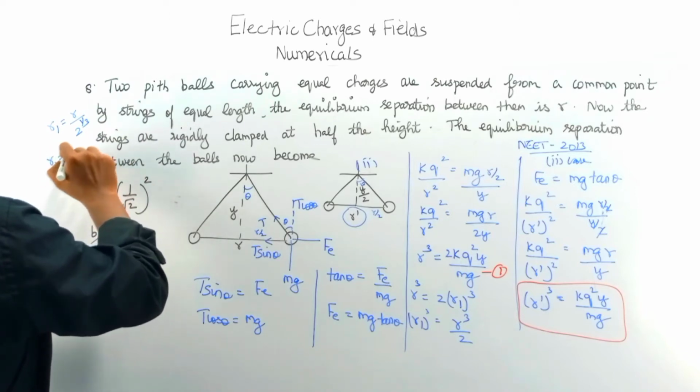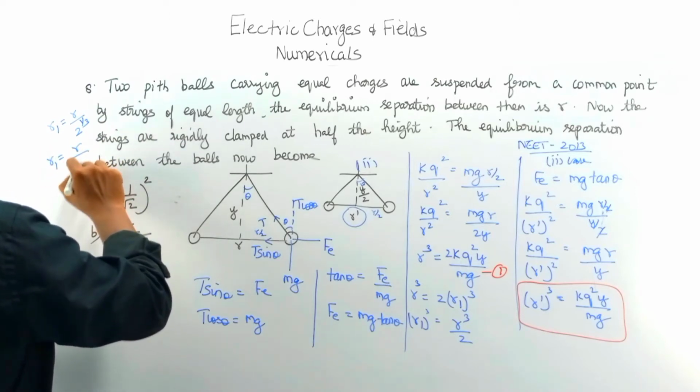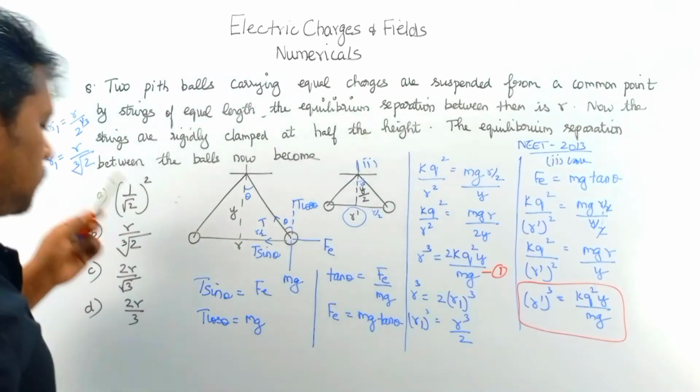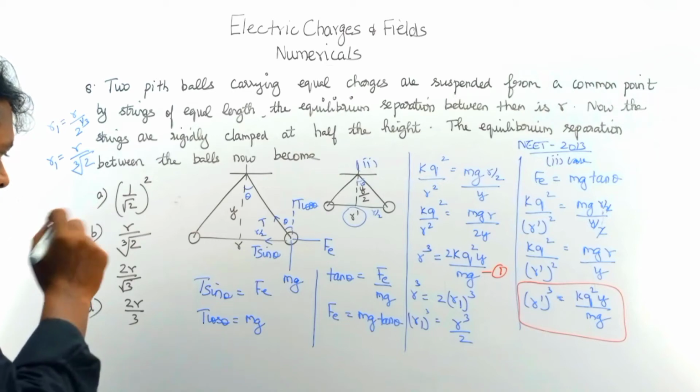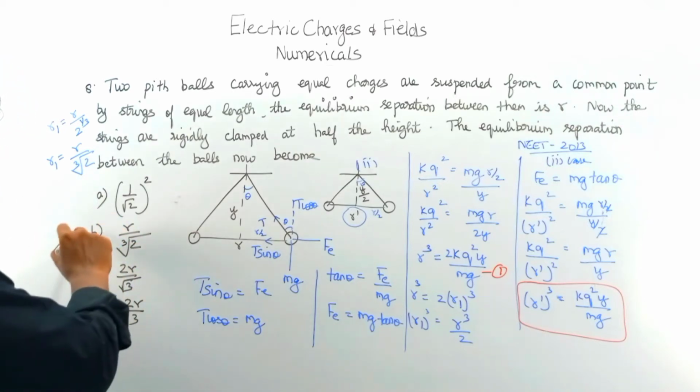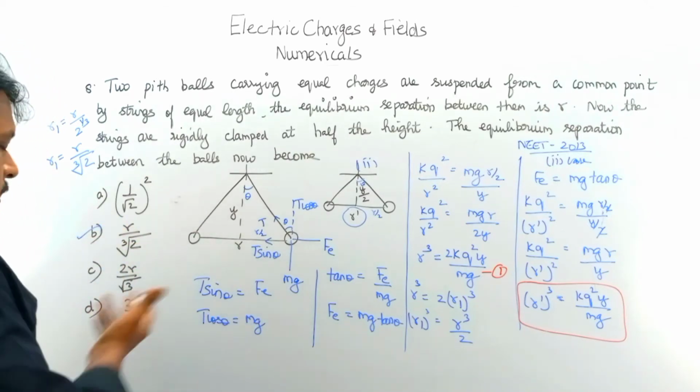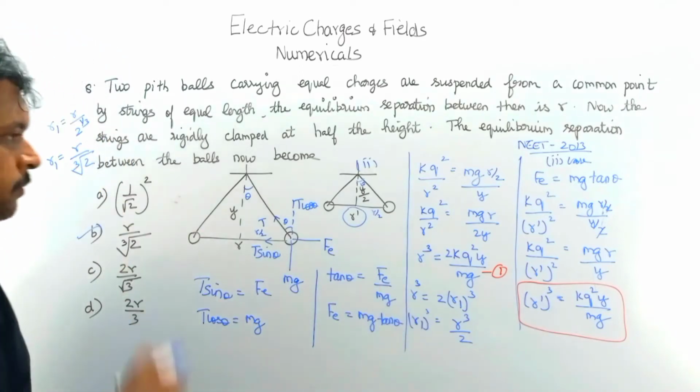R dash could be written as r by cube root of 2. So option B is the right answer.